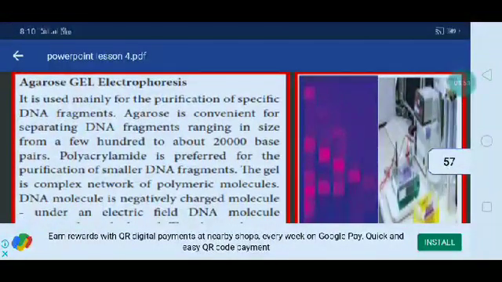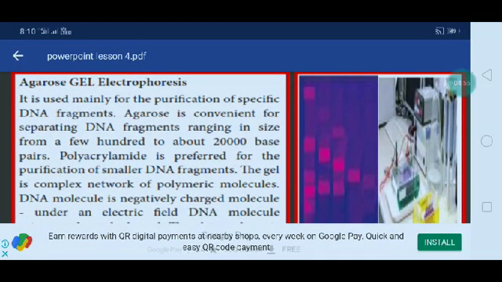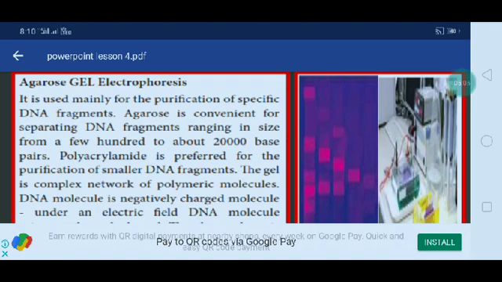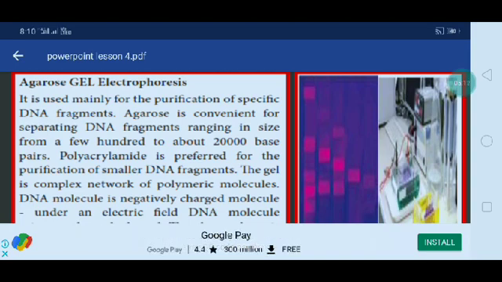Agarose gel electrophoresis is mainly used for the purification of specific DNA fragments. Agarose is convenient for separating DNA fragments ranging in size from a few hundred to about 20,000 base pairs. Polyacrylamide gel is mostly used for purification of smaller DNA fragments.